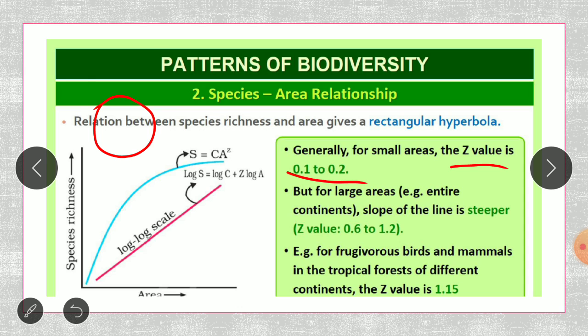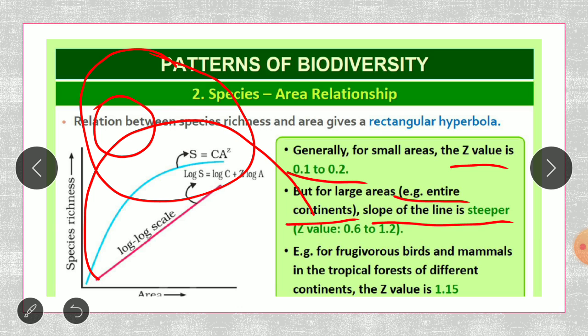But when we are talking about a larger area, something like an entire continent, then the slope of the line can become steeper, or the curve can be more. So that value can go up to 0.6 to 1.2.